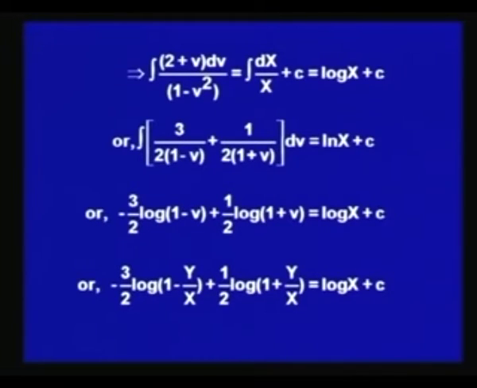The partial fractions are 3 by 2 into 1 over 1 minus v plus 1 over 2 into 1 over 1 plus v.